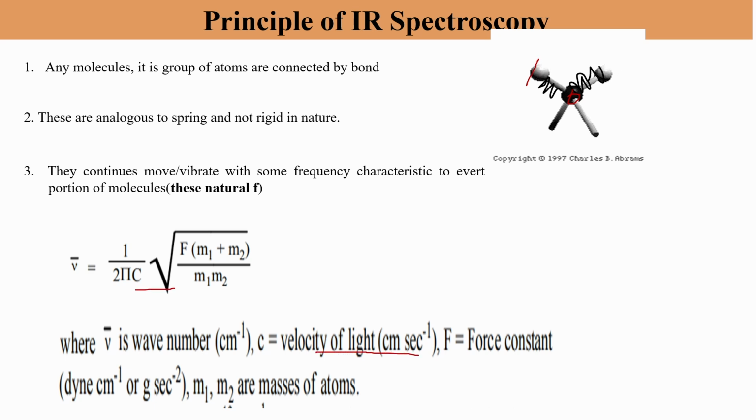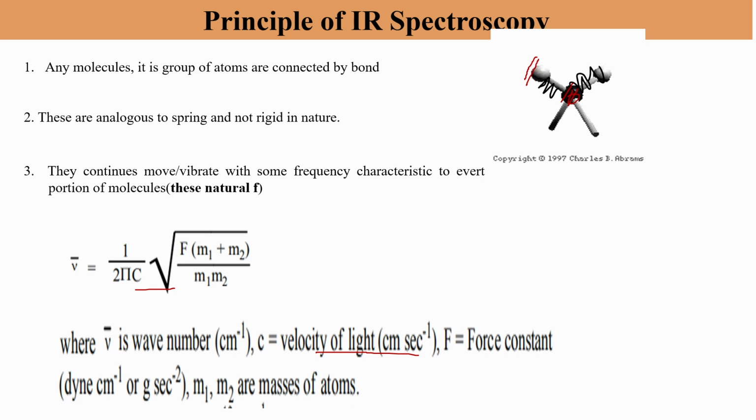So you can calculate the frequency at which these two atoms are vibrating. If the frequency of these vibrating molecules matches the frequency of the incident IR, then absorbance takes place, or the molecules absorb that particular frequency.